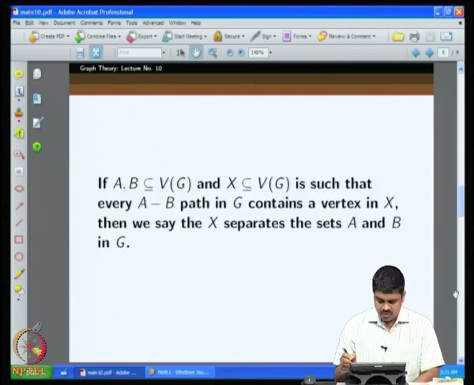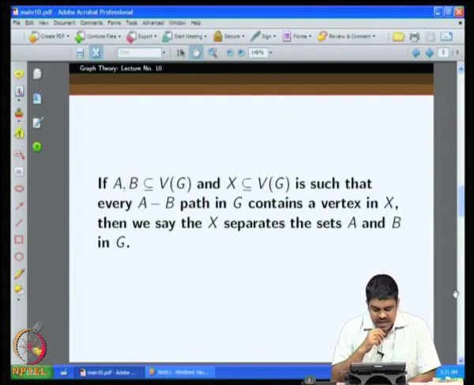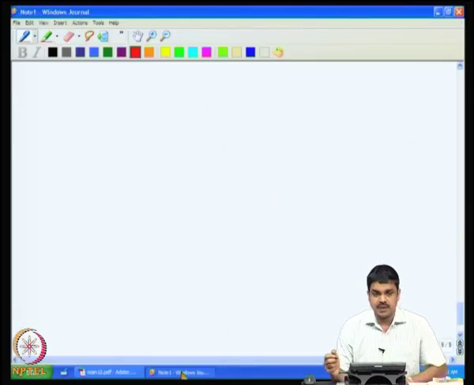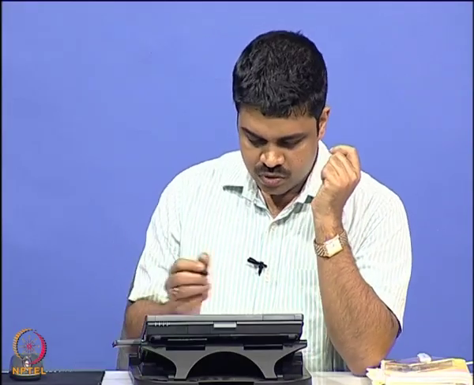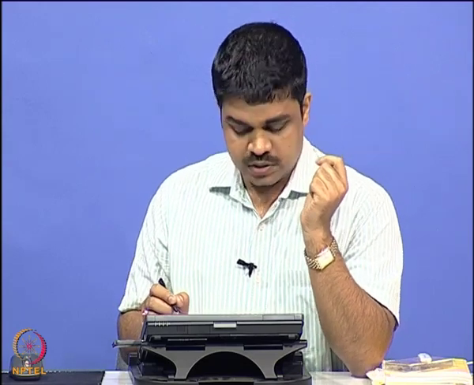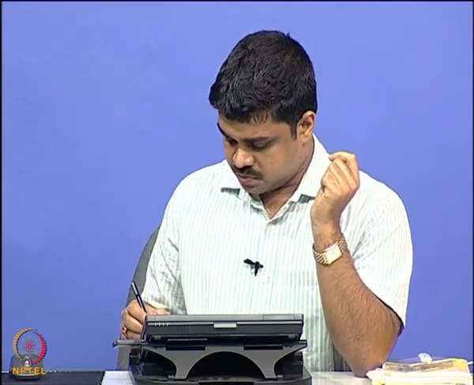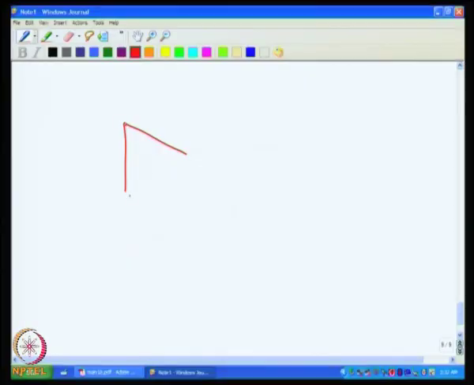Another notion we want is the AB separator. But before going further, let's look at some interesting things about AB paths. When I mention AB paths, don't think that A and B have to be disjoint sets. For instance, I can take this small graph.